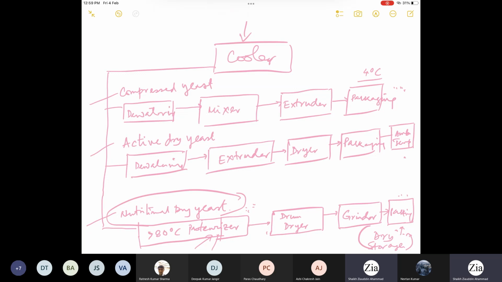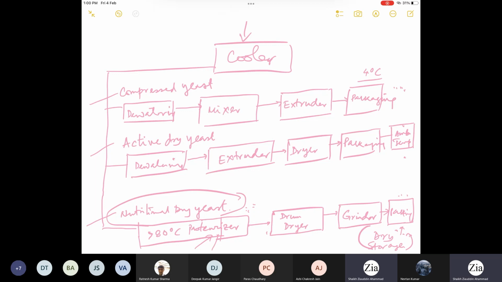Same thing is true with yeast extract or yeast material. If you have a substantial amount of moisture present in yeast, and I mentioned in the earlier class also that yeast is a good source of carbon and provides a good amount of trace nutrients, you are creating a good environment for growing other bacteria which will eat the yeast or live on yeast, and then it will contaminate the yeast.